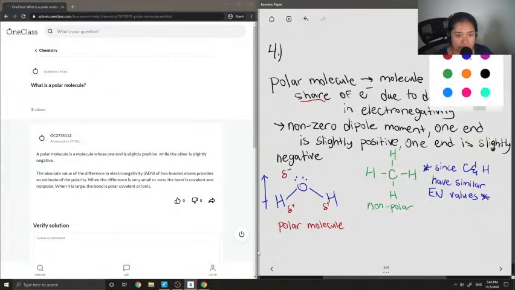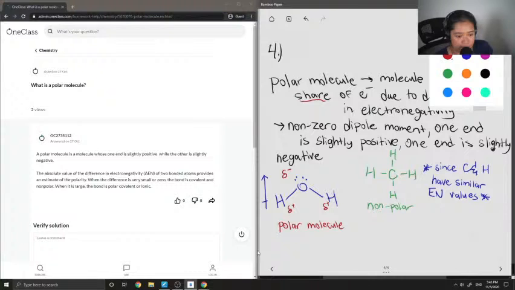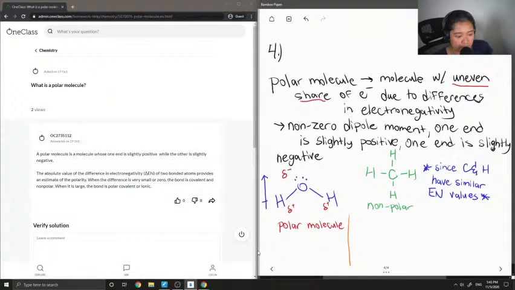What some people might get confused about is that there's a difference between having a polar molecule and having a molecule that has polar bonds. So for example, let me just box this little corner off.